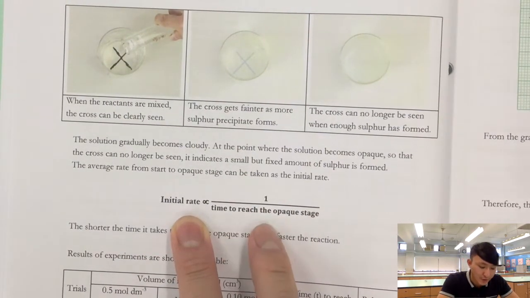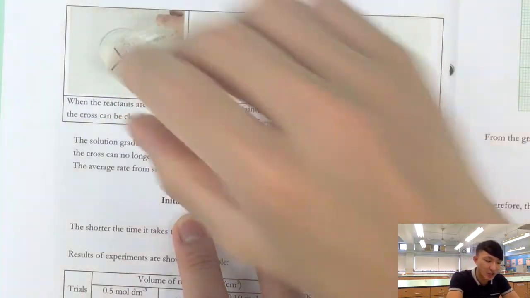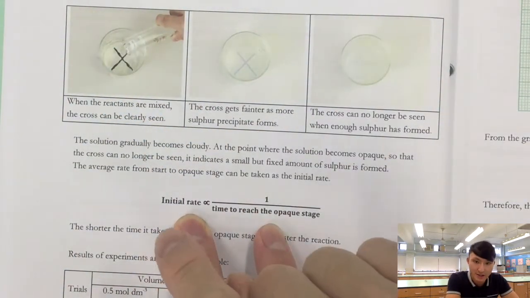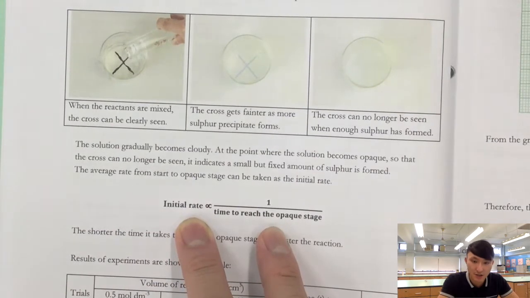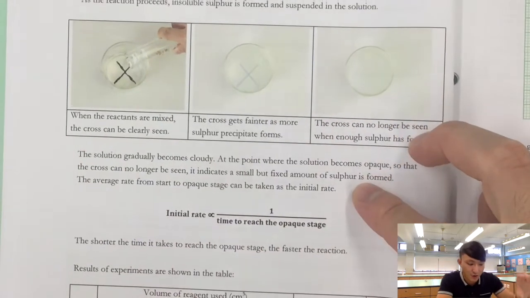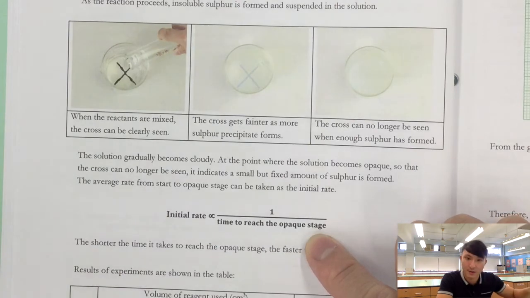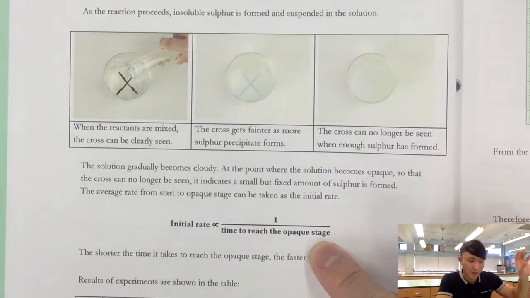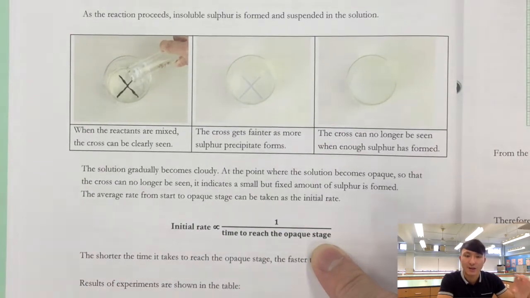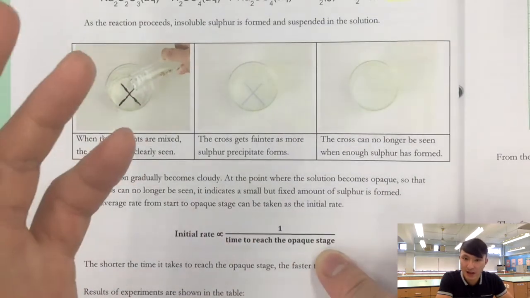Okay? So for each experiment, we can change the concentration of one reactant while keeping the others constant. Then we can repeat these experiments several times to register several initial rates with several corresponding concentrations of the reactant, and again we will plot a rate concentration graph, and then after that we find out the order with respect to that reactant.